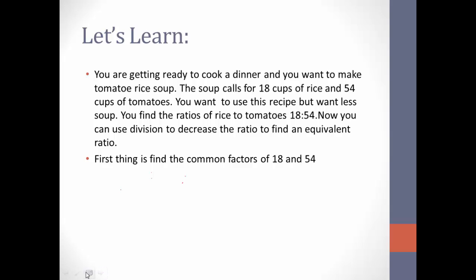The first thing is to find common factors of 18 and 54. So let's find those common factors. We have 18: 1 times 18, 2 times 9, 3 times 6, and that is all the factors of 18.